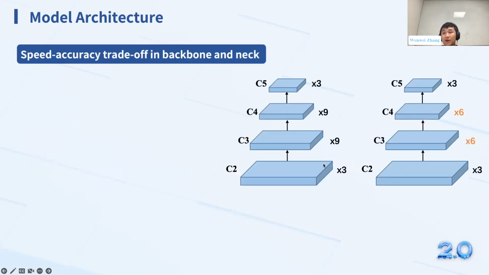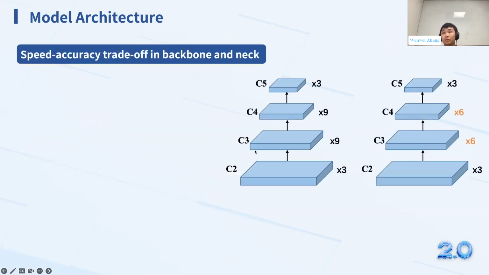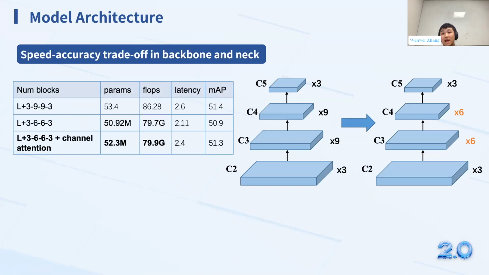As you can see, the basic block contains more convolutions, and we want to keep a balance between the backbone and neck. And also we want to balance the computation costs at different scale features. So we reduce the number of blocks in the C3 and C4 stages in the backbone, and we found that it achieves a better speed accuracy trade-off.